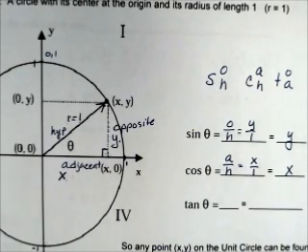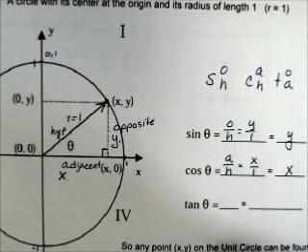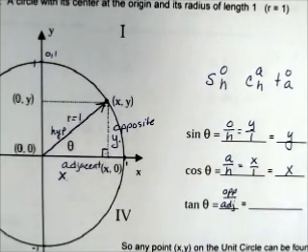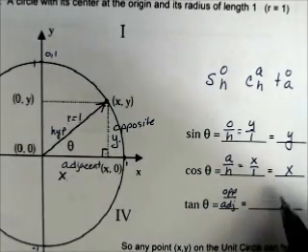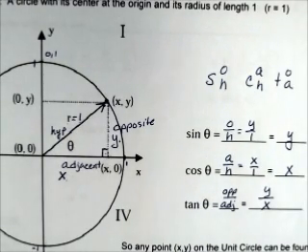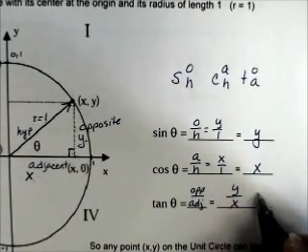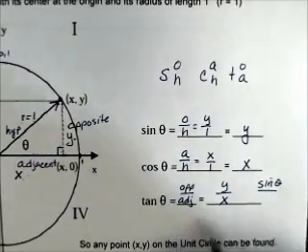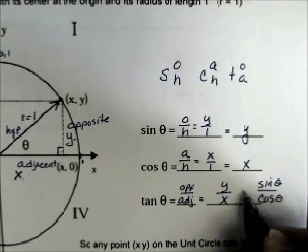And tangent theta, remember tangent, that's our TOA, opposite over adjacent. I'll write that out. Opposite over adjacent. In relation to angle theta, opposite is y, adjacent is x. So that's y over x. And since y is equal to sine theta, and x is equal to cosine theta, tangent can be expressed as sine theta over cosine theta.